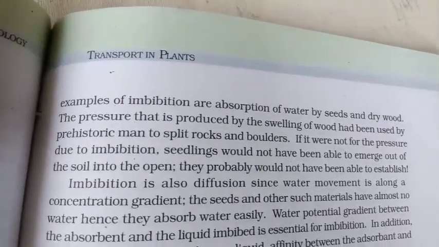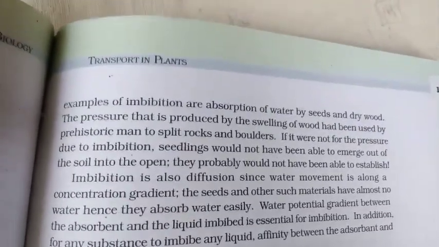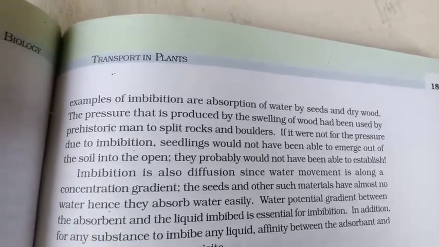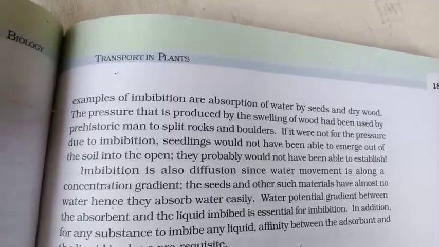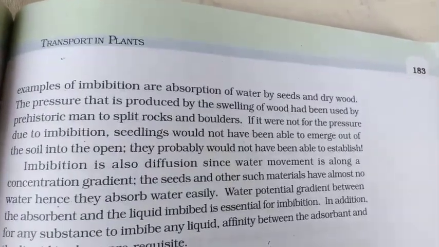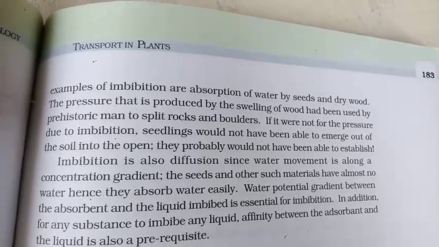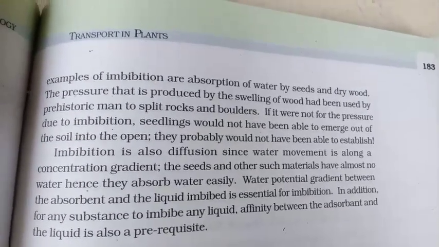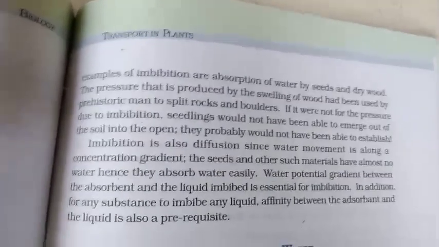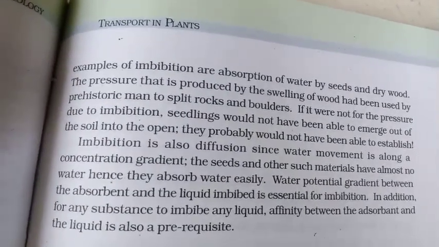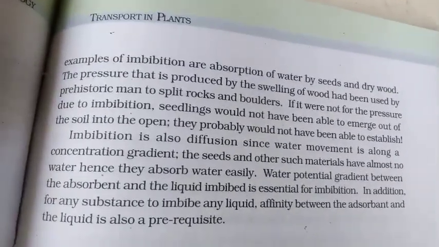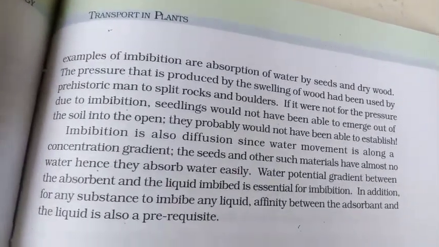The pressure produced by the swelling of wood when it absorbs water had been used by prehistoric man to separate rocks and boulders. If it were not for the pressure due to imbibition, seedlings would not have been able to emerge out of the soil into the open. They probably would not have been able to establish.